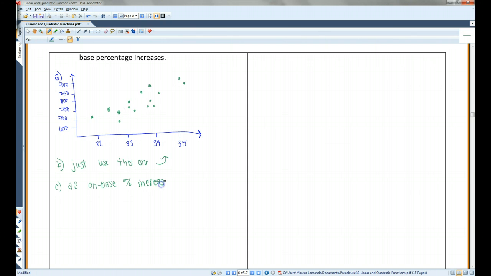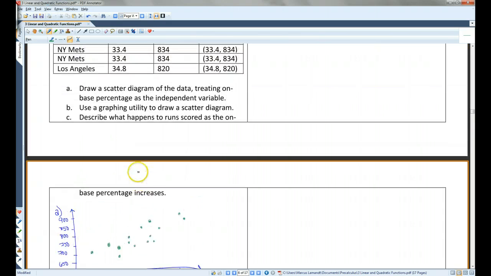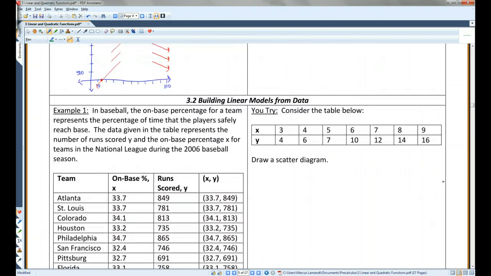As on-base percentage increases, runs scored also increases. Alright, I'll let you guys try this one over here.